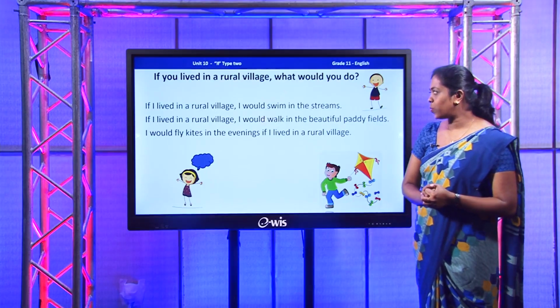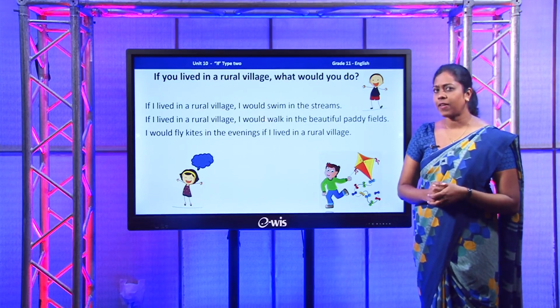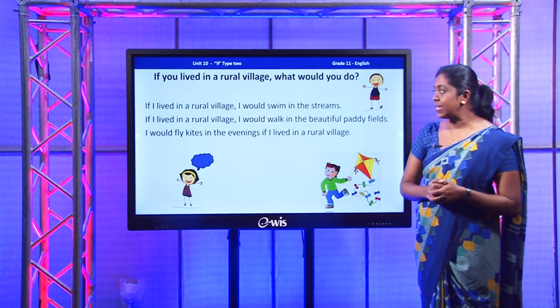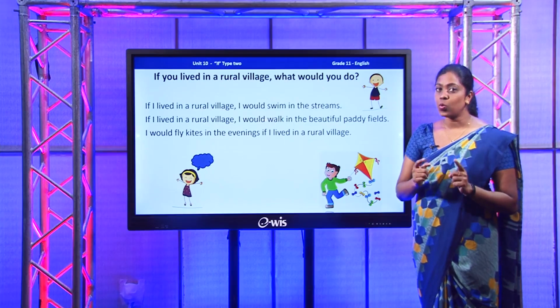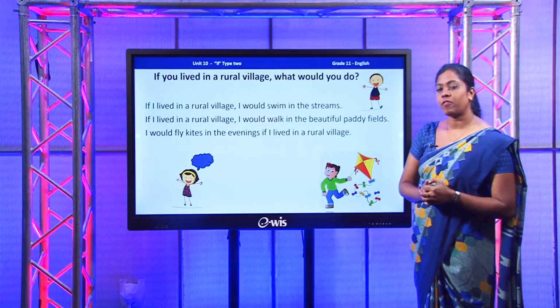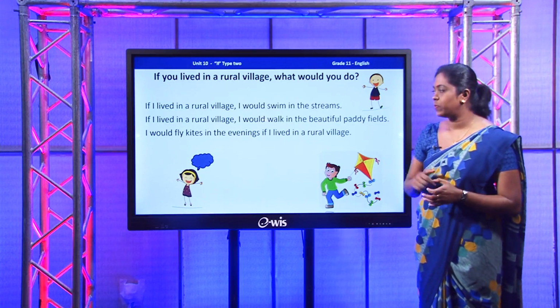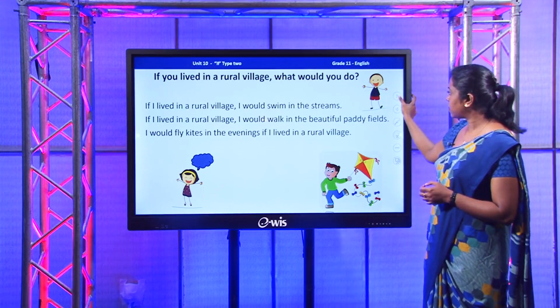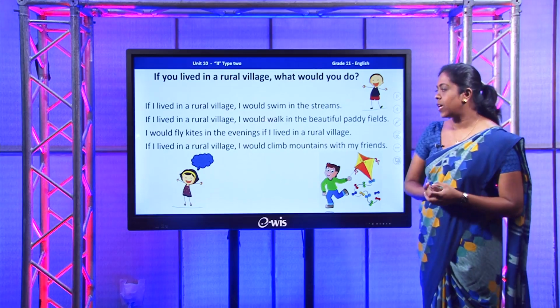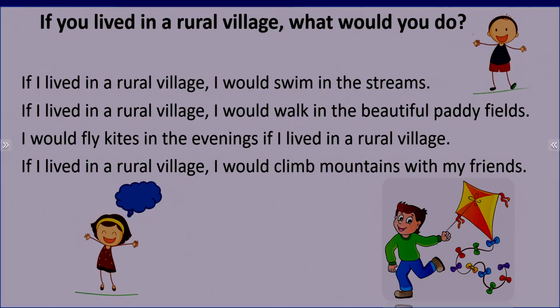Right? I hope you also have similar kinds of activities, and you have definitely written them keeping the rules of writing a sentence using if clause type 2 in mind. And another one: if I lived in a rural village, I would climb mountains with my friends. Even this experience we can have in a village.